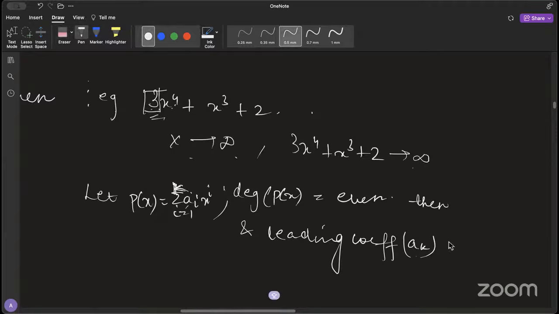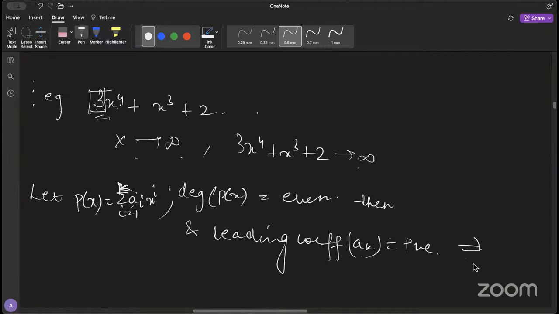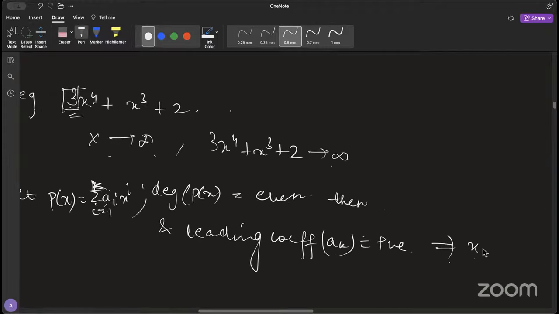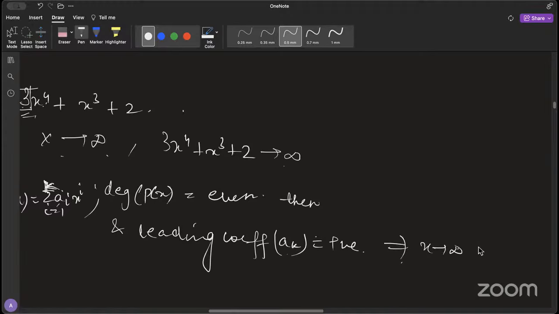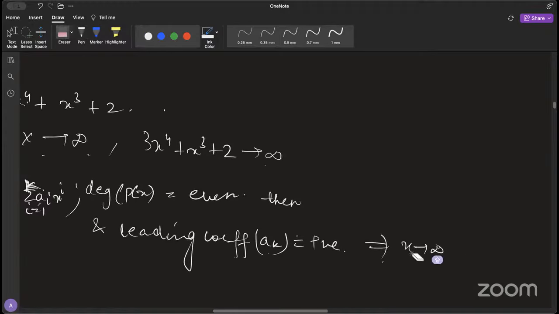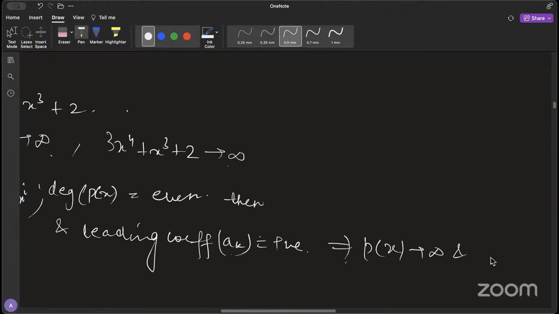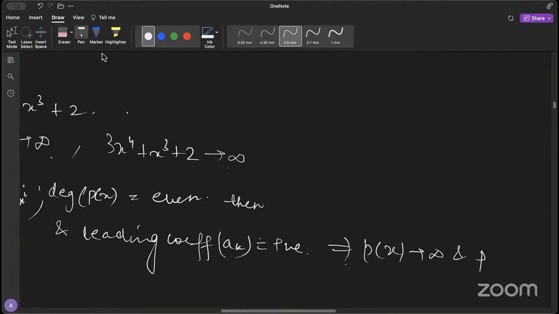So if your leading coefficient is positive, this implies px tends to infinity when x tends to infinity, and when x tends to minus infinity.